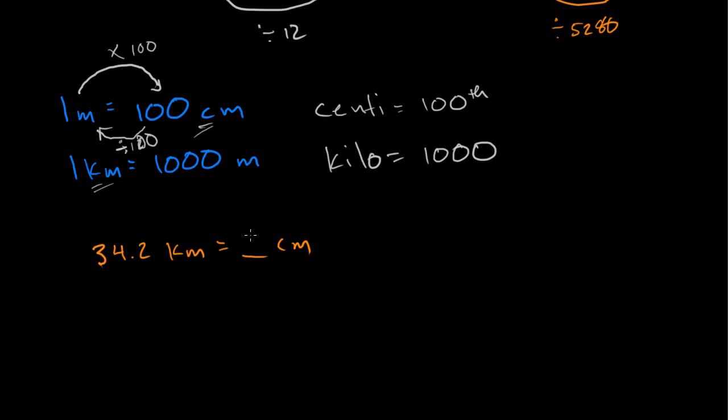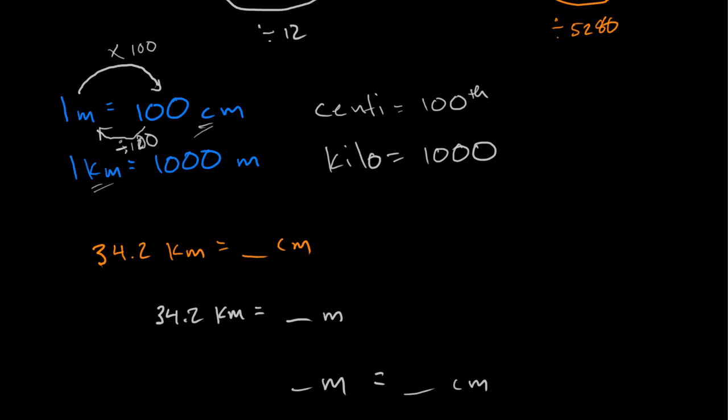Sometimes we're asked to convert from units to other units that aren't intermediate. For example, to convert from kilometers to centimeters, using these two facts, I first have to convert 34.2 kilometers into meters, because then I can convert meters into centimeters.